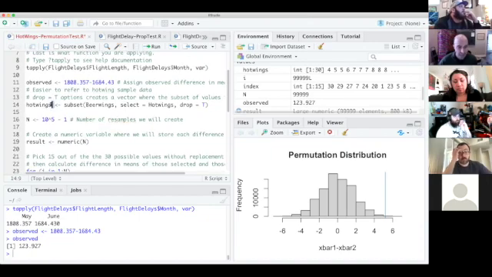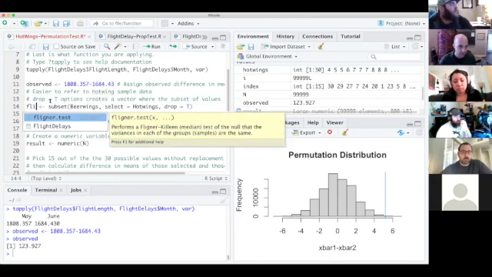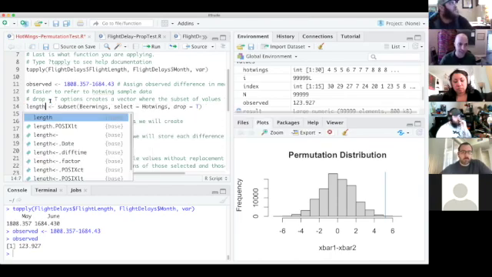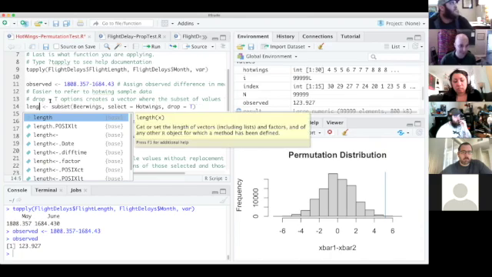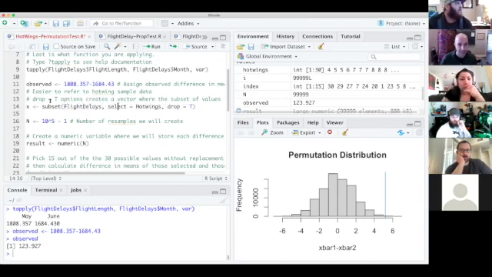I don't want to call this Hotwings. We can call this flight. Maybe not, that's used. I'm just going to call it X. That's not used. You can call this whatever you like, as long as it's not something reserved. And what we want to do here is pull off the flight delays data.